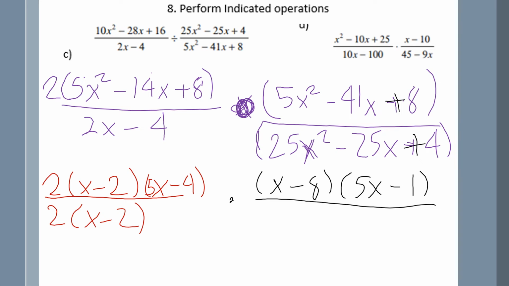Make sure I got my numbers together. Negative 20 times negative 5 is a positive 100, but when I add them together, they do give me a negative 25. So negative 20 plus negative 5 is negative 25x.